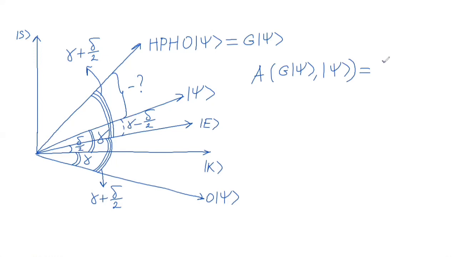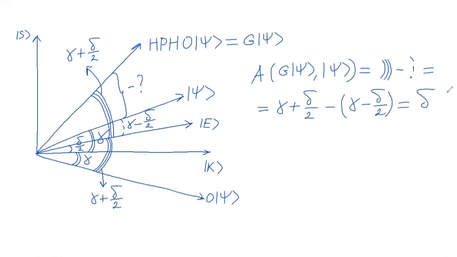So let's schematically write it as 3-line angle minus dotted line angle. And we said that the 3-line angle is gamma plus delta over 2, and this dotted line angle is gamma minus delta over 2, which is equal to delta. So I will rewrite it, redraw it on a SK plane.